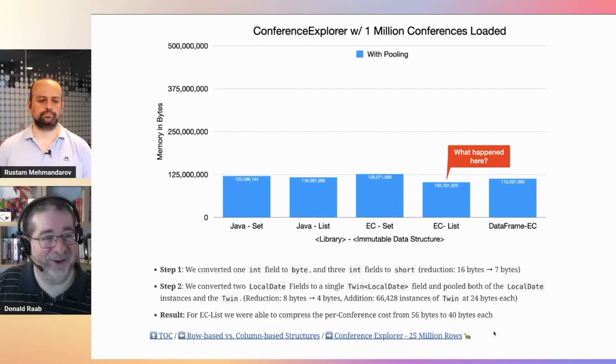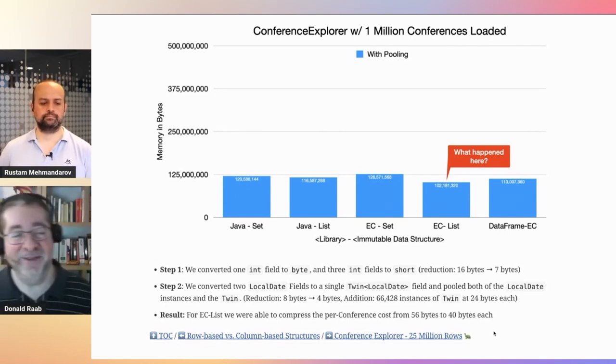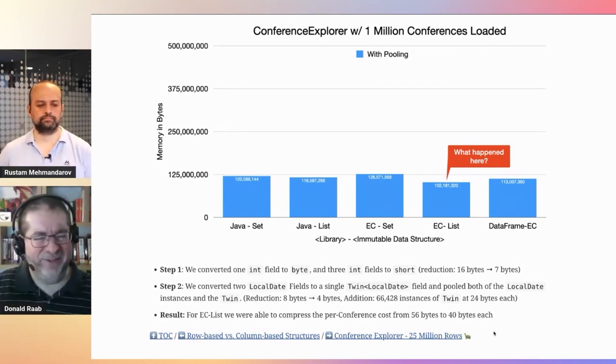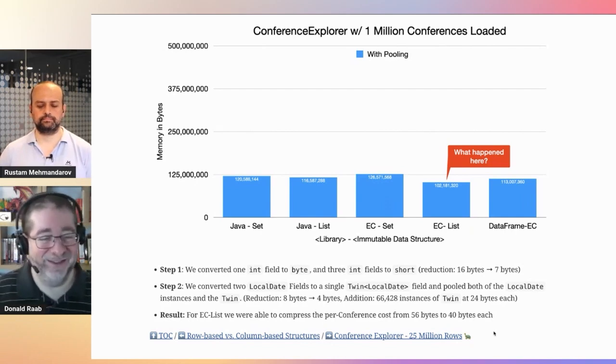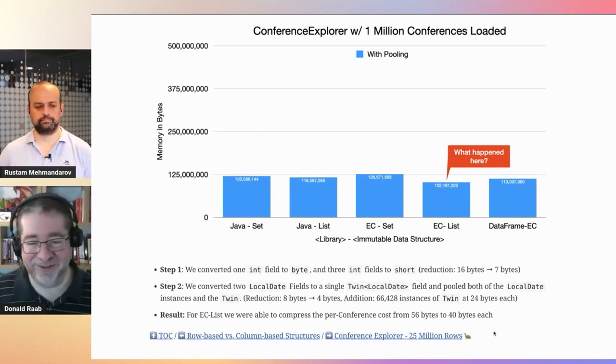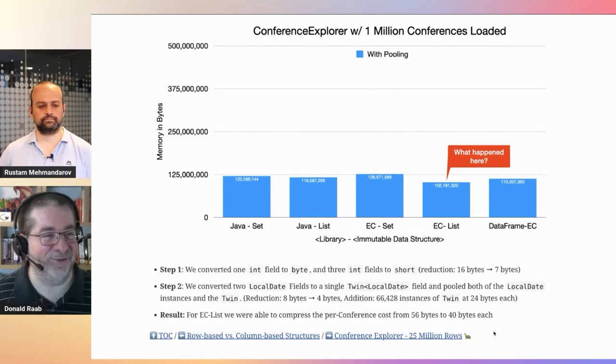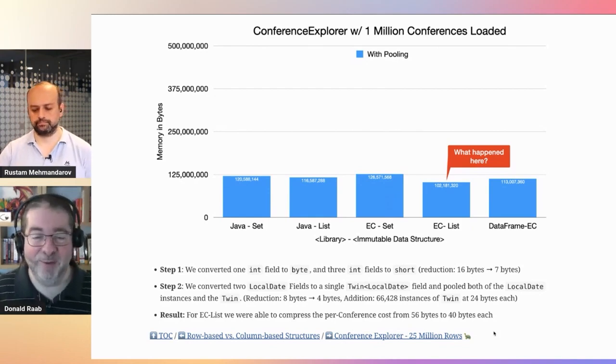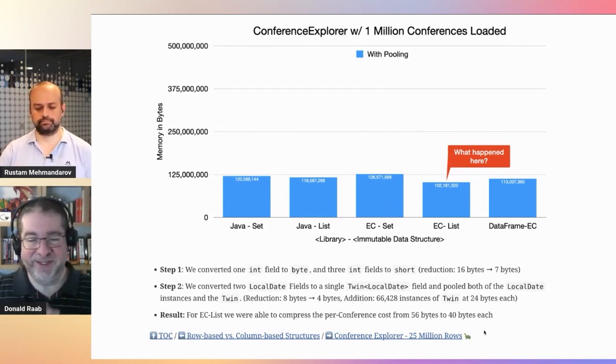In a byte, I can fit 128. And then for the int value, I don't really need 2 billion for number of speakers, number of sessions, and cost, right? A nice value is, let's say, short, it's much smaller. Hopefully you don't hit the max size for the cost, but you're definitely not going to hit the max size for speakers and sessions, right? So this gave us the ability to shrink 16 bytes down to 7.